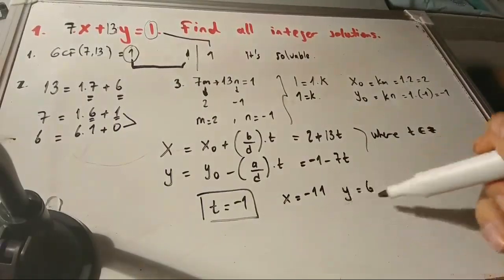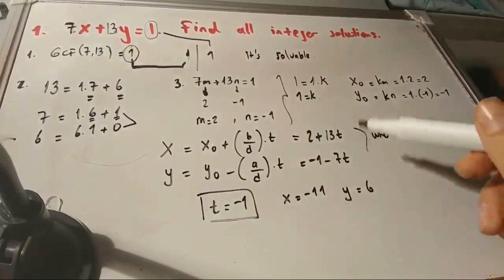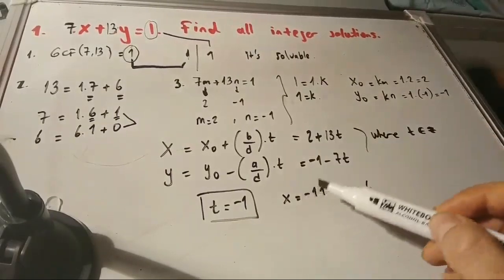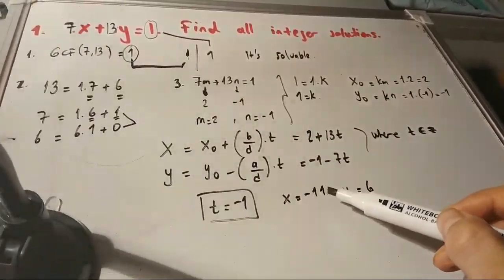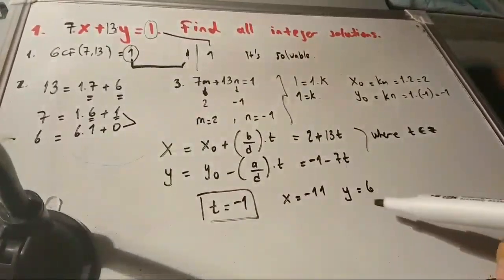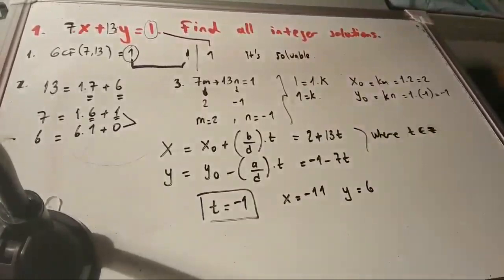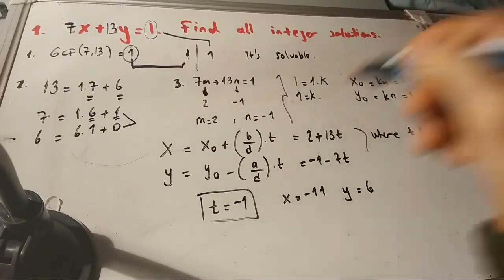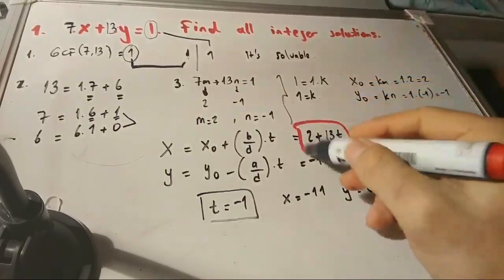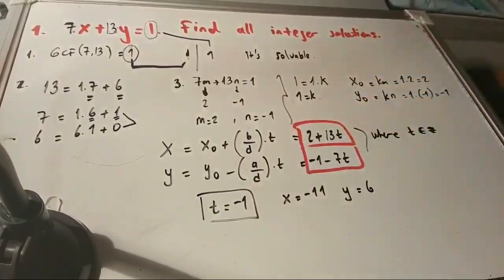So for negative 11 and 6, we can check the equation. 7 times negative 11 is negative 77, and 13 times 6 is 78. Negative 77 plus 78 is 1. Okay. So we got the solution: x is 2 plus 13t and y is negative 1 minus 7t, where t is an element of integers.